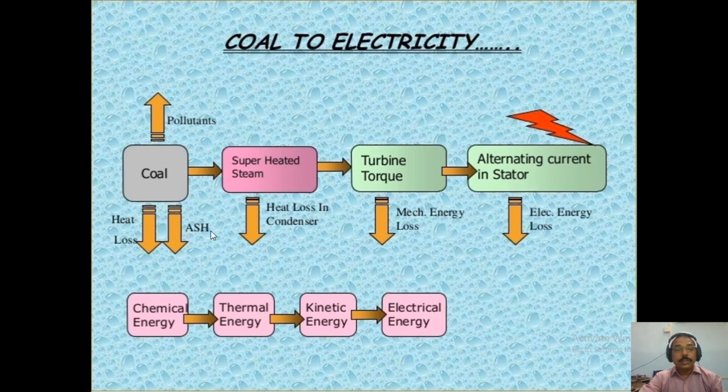Here are some of the outputs we get: heat loss, ash, pollutants, heat loss in the condenser, mechanical energy loss, electric energy loss. All these losses take place. So in generalized form, we can say chemical energy is converted to thermal energy, which is converted to kinetic energy, and kinetic energy is converted to electrical energy.